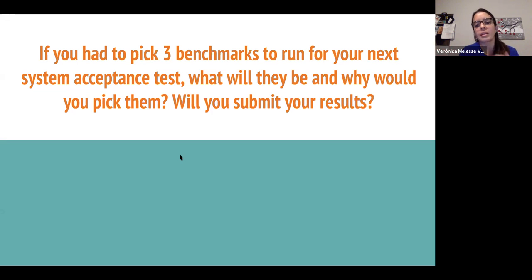If we're accepting a machine for the NOAA program office, we want to run something that they run. If we're accepting for somebody else, we want to pick something that they run and put it into our acceptance test. As far as submitting results, we try to publish at least some information from our tests in papers, but for anything that is submittable, like a SPEC benchmark, we're happy to publish those numbers, and HPL and all the ones that have numbers, like Graph 500, Top 500.